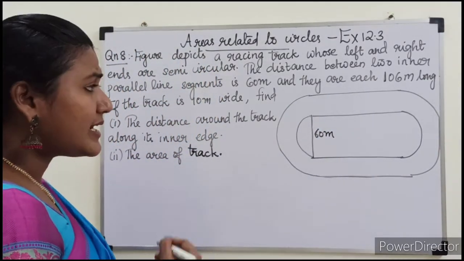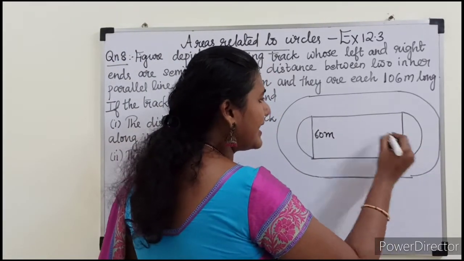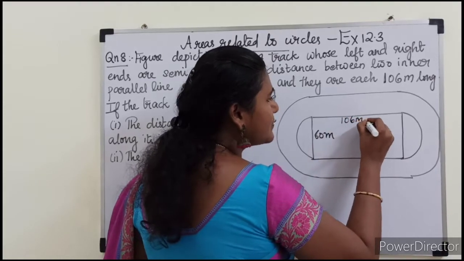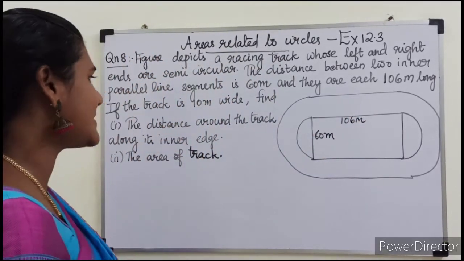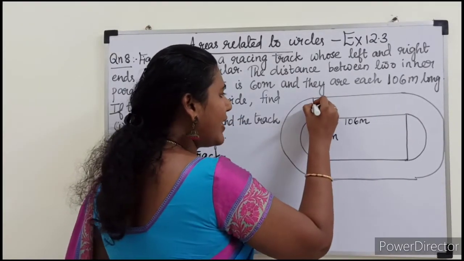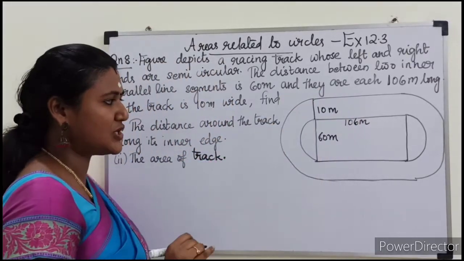And they are each 106 meter long. So the length of this parallel line is 106 meter, and the track is 10 meter wide. So we have these measurements.